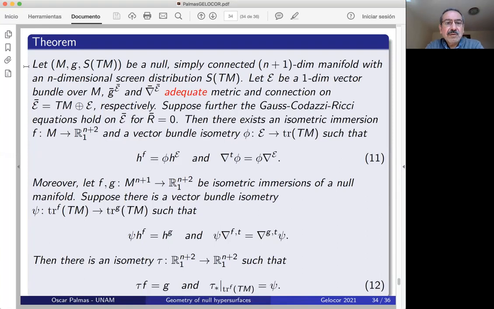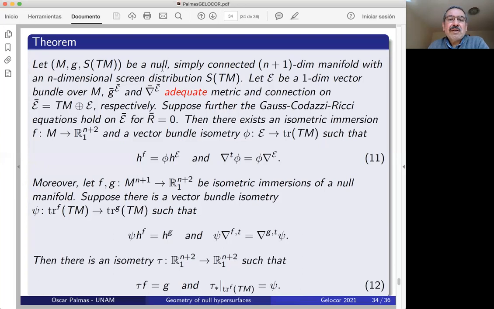Then we want to obtain this kind of theorem. We have almost finished this theorem. We have some details pending, but it is a nice theorem.